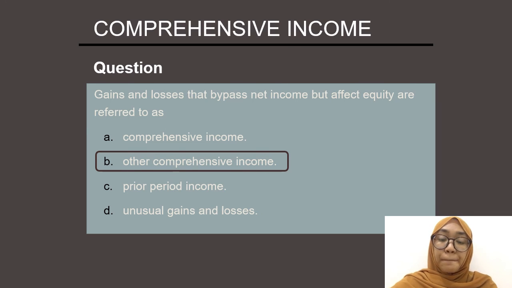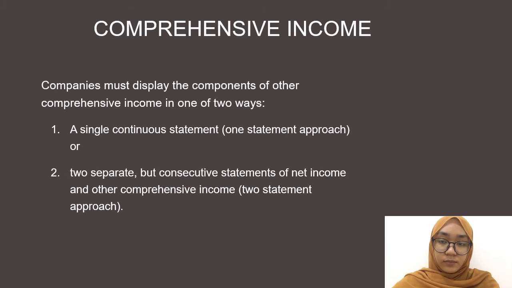Comprehensive income is all changes in equity during a period except those resulting from investment by owners and distribution to owners. It includes all gains and losses that bypass net income but affect equity. For presenting other comprehensive income, 1 is a single continuous statement, or one-statement approach, and 2 is two separate but consecutive statements of net income and other comprehensive income.